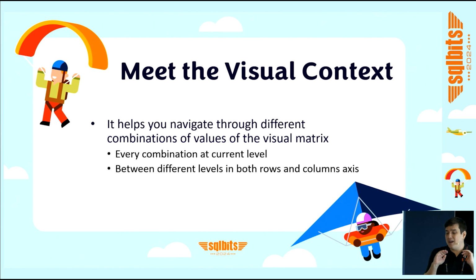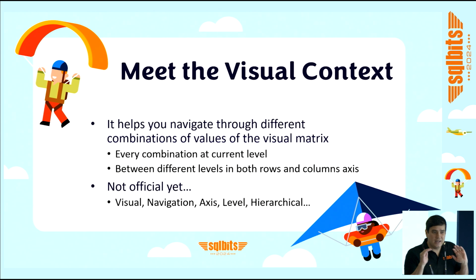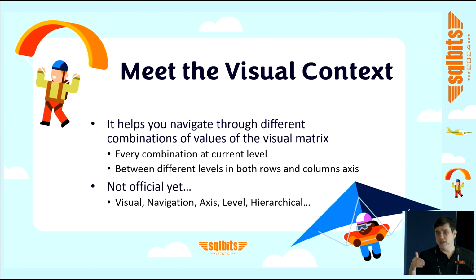You can either access every combination at the current level, or navigate through different levels. We're going to see some examples in a little bit. The name is not official because it didn't come from Microsoft, but the candidates could be visual, navigation, axis, level, hierarchical. The point for these sessions is to introduce this concept so we can better achieve our calculations.